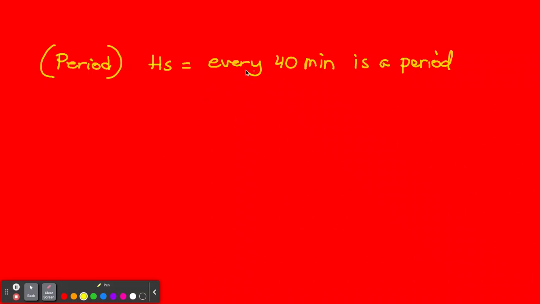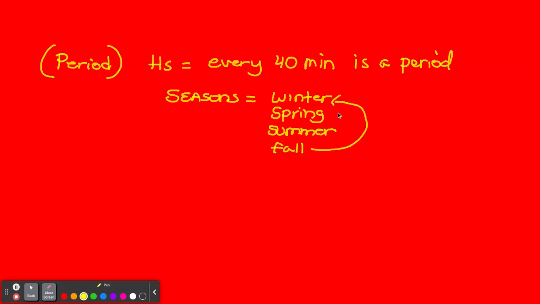It's repeating. And you think about the seasons, like we start the year in winter, January 1st. Then we go to spring, see the cherry blossoms. Then we have our summer vacation, some people, right? And then we go into autumn or fall. And guess what? We repeat. So it's periodic. So we know what periods are.